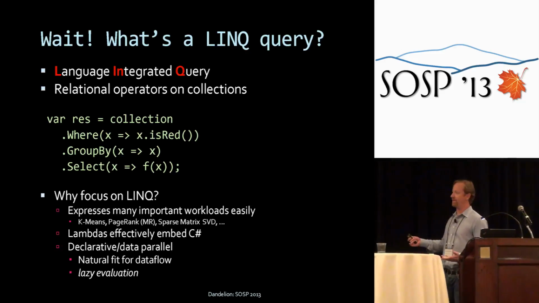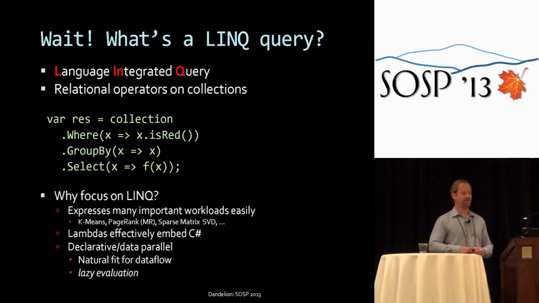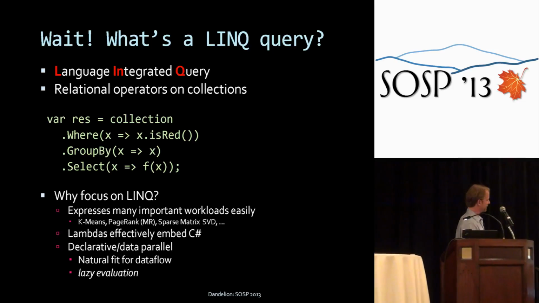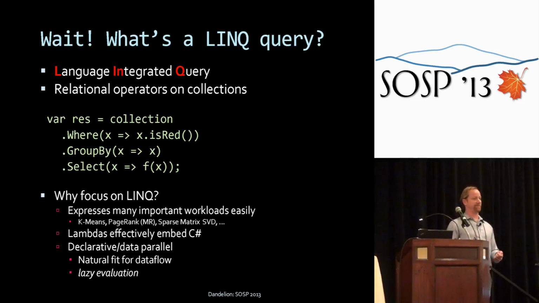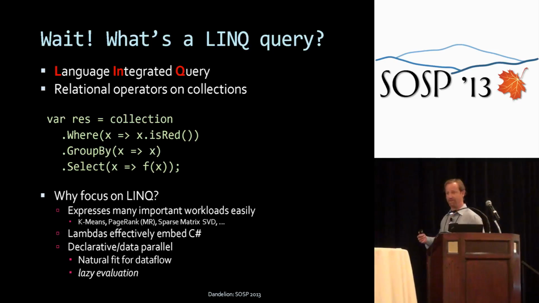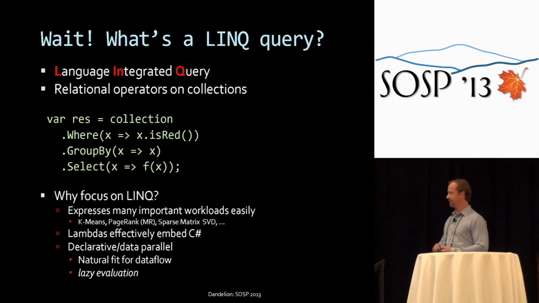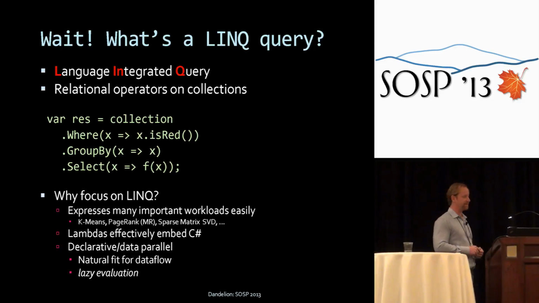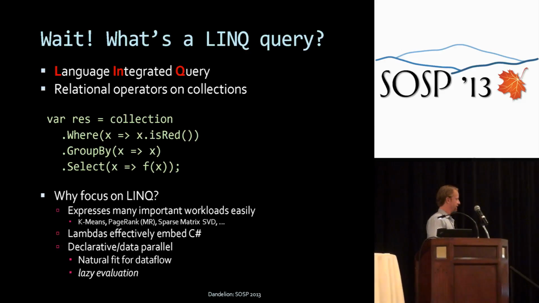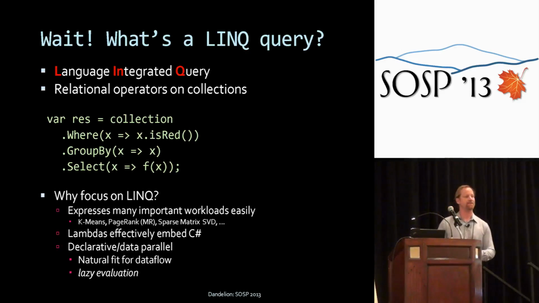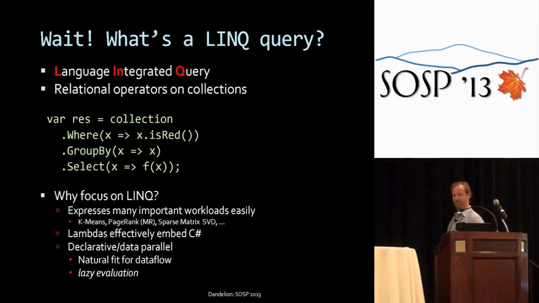I have some collection, and I'm using familiar relational operators like where, and GroupBy, and select. And these operators accept user-defined lambda functions or anonymous functions. So why do we choose to focus on LINQ? Well, there are a number of good reasons. First, it expresses a lot of important workloads very easily and succinctly, things like k-means, PageRank, and more generally, MapReduce.